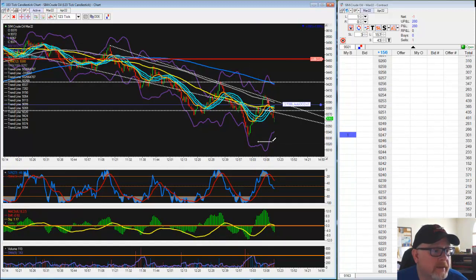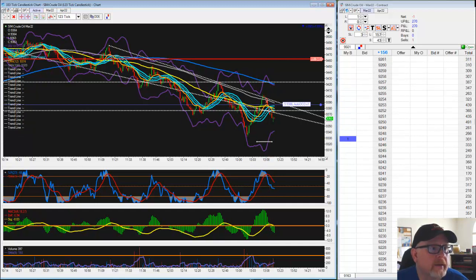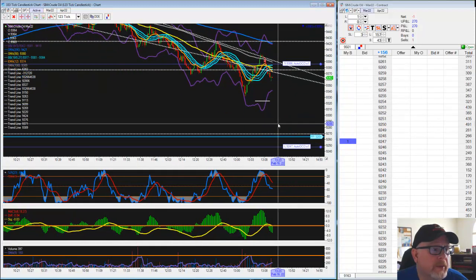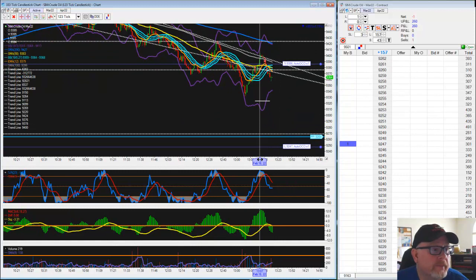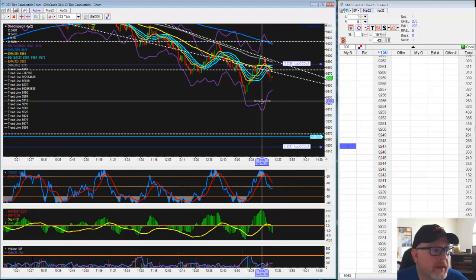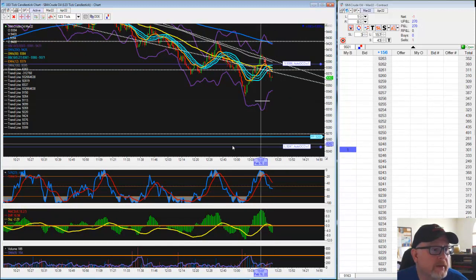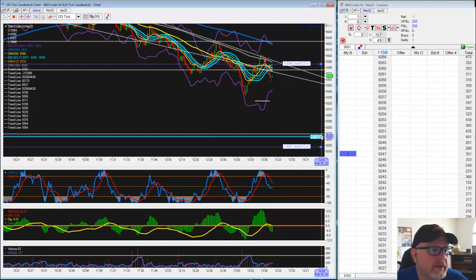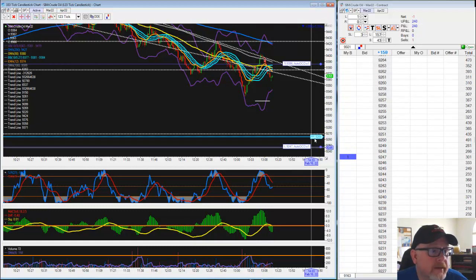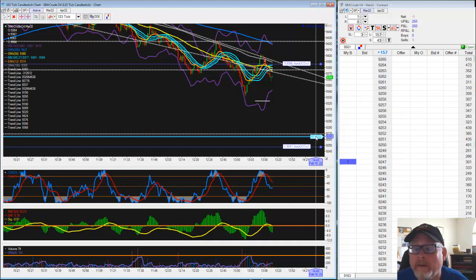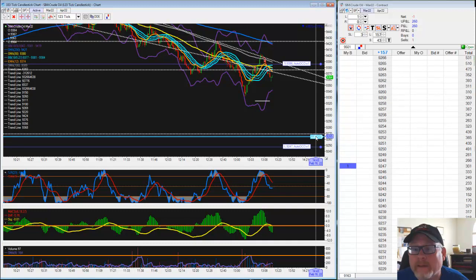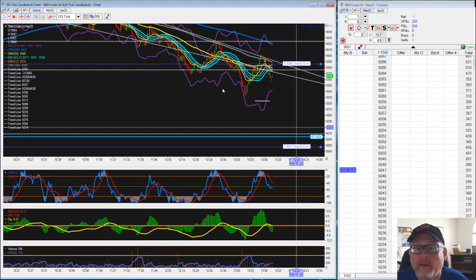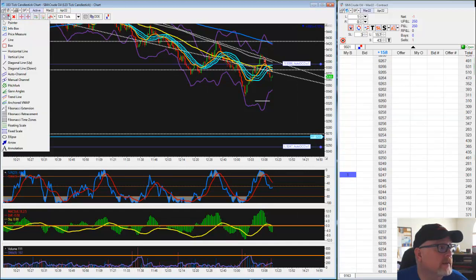Minimally speaking, I like to see it get down to here, and I will definitely cover around the pivot point. If we can make that run between here and pivot, I'll be more than happy to take it off at, say, what was that, 9264. 2P target's 9298.